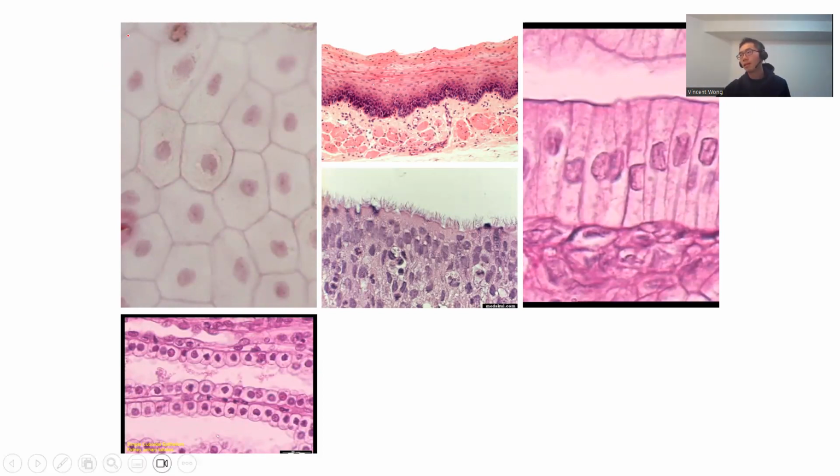Tell me or type it in the chat box. This one right here. What shape does it look like to you? There will be some questions like this on the test. I'll give you a picture and you have to tell me what you're looking at.